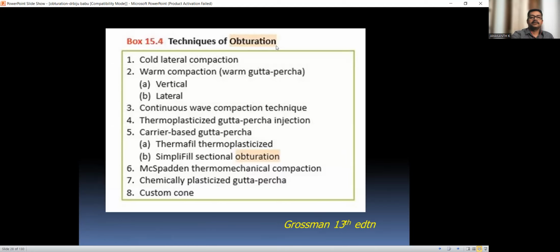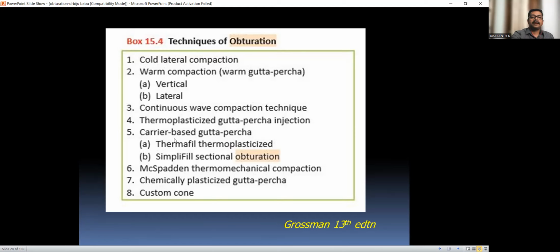Techniques of obturation have been classified according to Grossman into 8 categories. First one is cold lateral compaction. Second is warm compaction with warm gutta percha, under which you have vertical compaction and lateral compaction. Third is the continuous wave compaction technique. Fourth is the thermoplasticized gutta percha injection method.